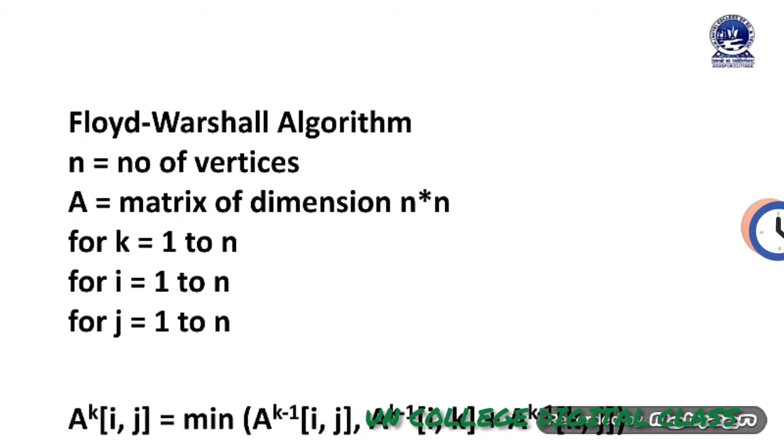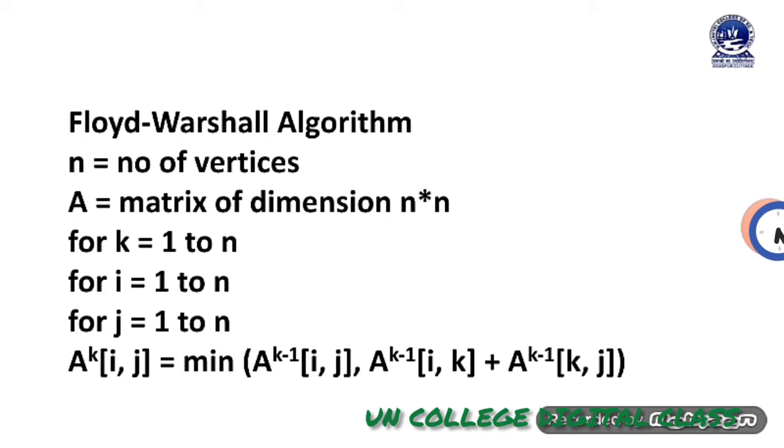Inside the innermost loop, we calculate the shortest path from a particular vertex to another vertex. If we find the shortest path, then we store the path in the matrix. In this way, we continue each iteration one by one.